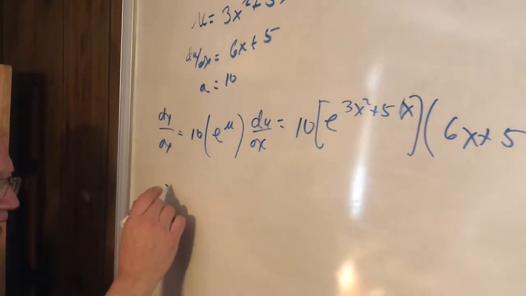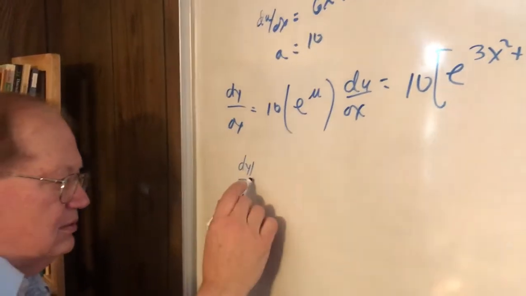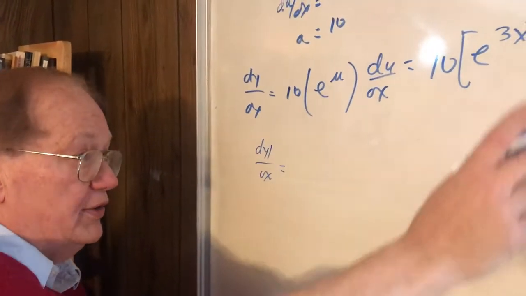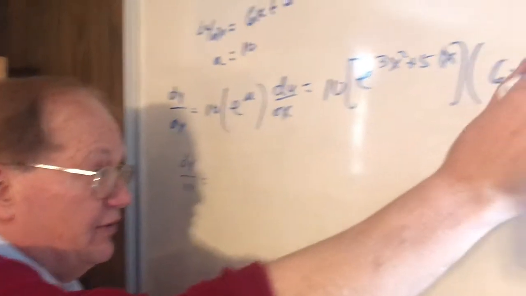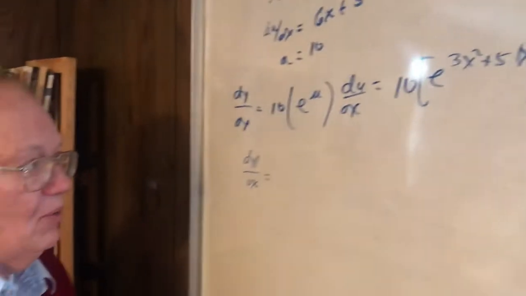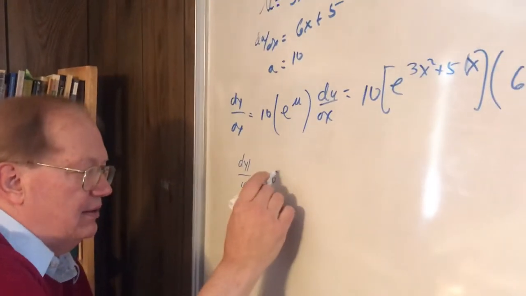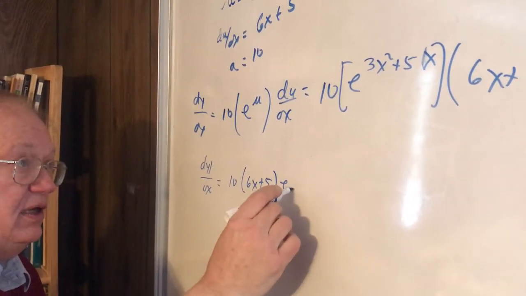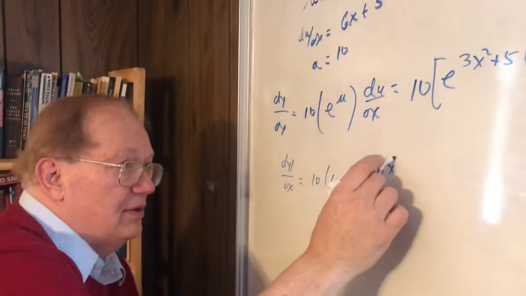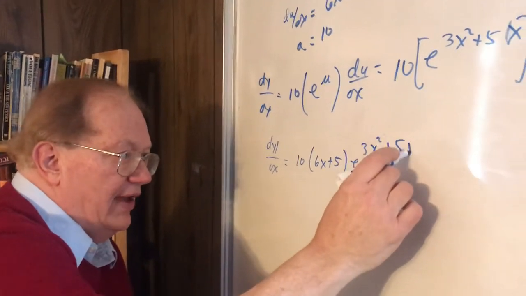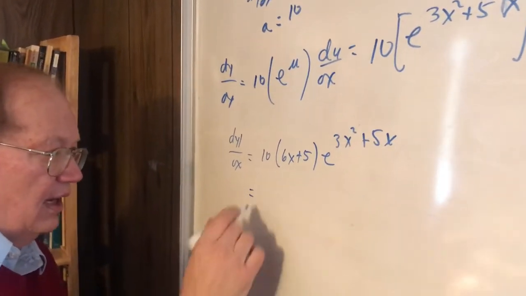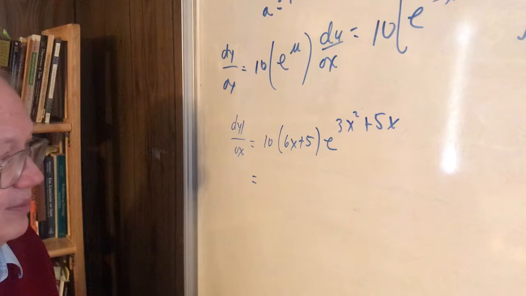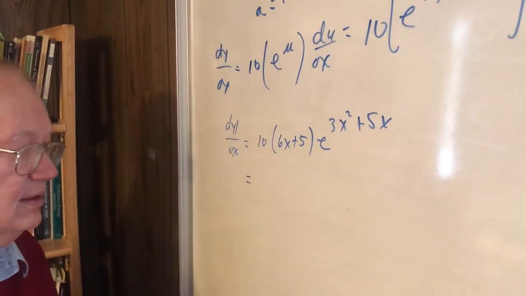Because of the commutative rule, and this is one term, I could put that 6x plus 5 anywhere I want. So I'm going to put a 10, 6x plus 5, e to the 3x squared plus 5x. I can now distribute this if I want.